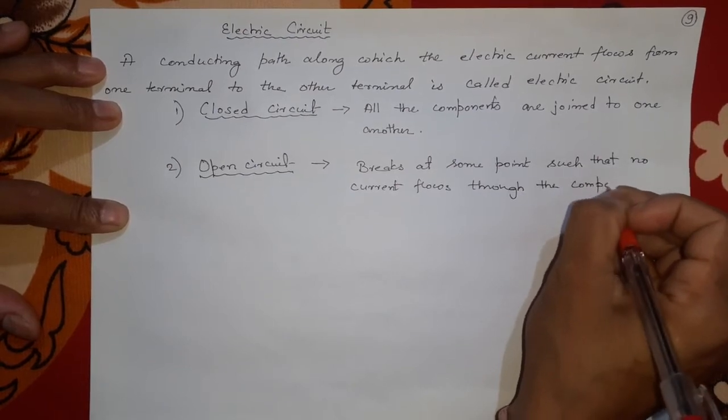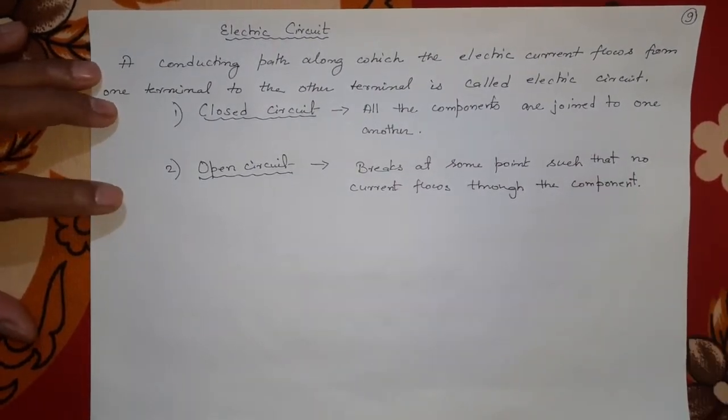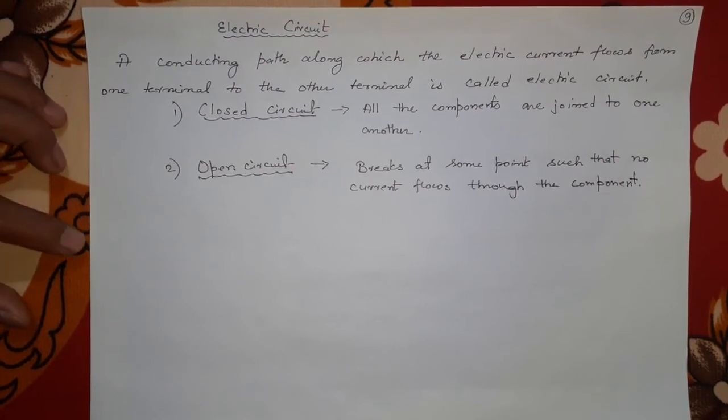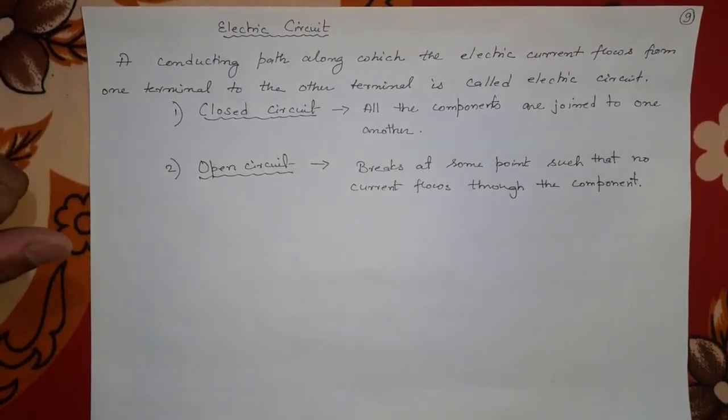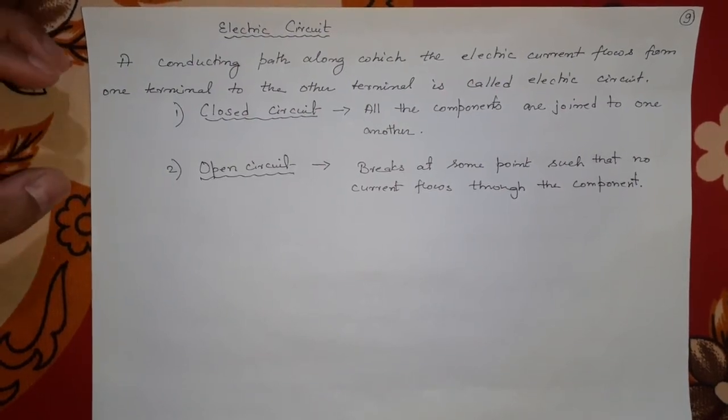Component means it may be a bulb, it may be a resistor, whatever it is. In the diagram open and closed both are shown.